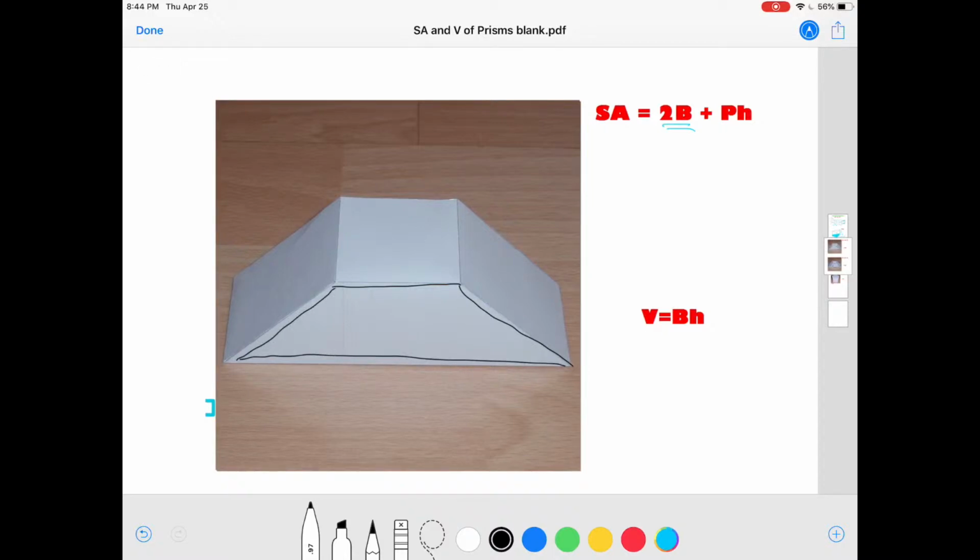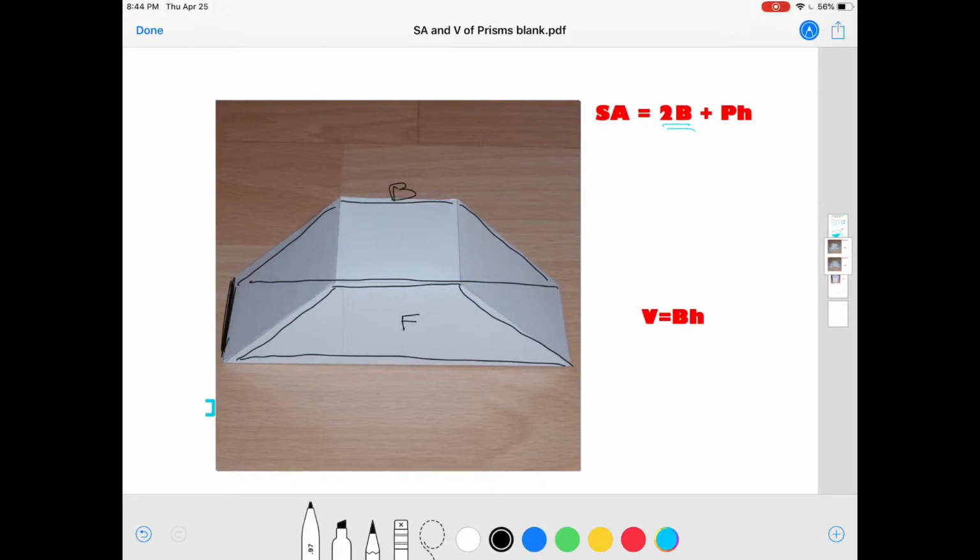It just happens to be tipped over on its front or back, but those 2 base shapes are the trapezoids that are on the front and the back of this shape, which is kind of crazy because then, you know, if it stood back up, its height is right here.